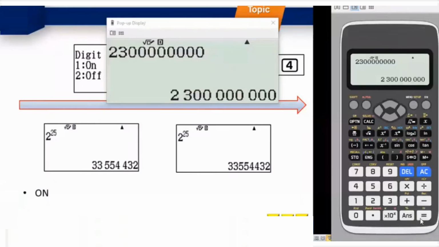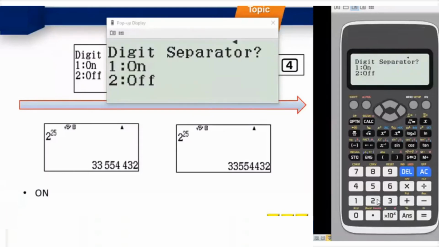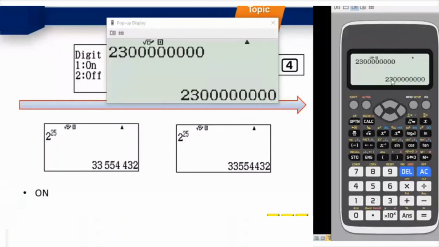But on the other hand, if I close the digit separator option, and I press 4 and I press off and I press equals, now reading digits, I have to count 1, 2, 3, 4, 5 and it becomes difficult. So digit separator is always a helpful tool. I hope this makes sense and this is clear.